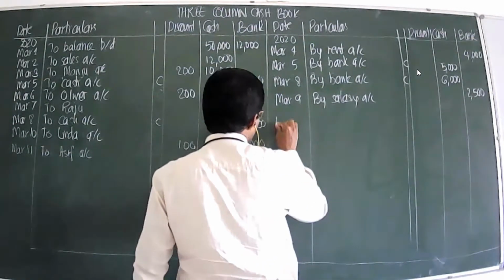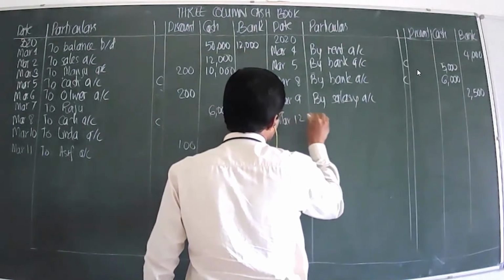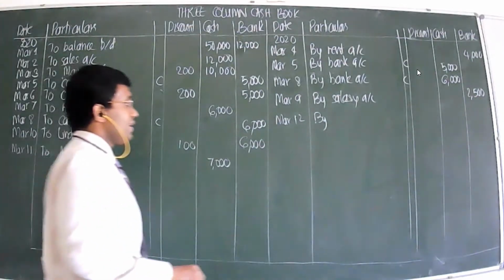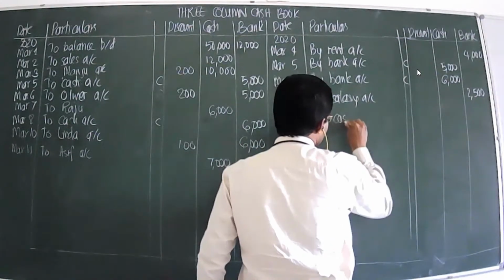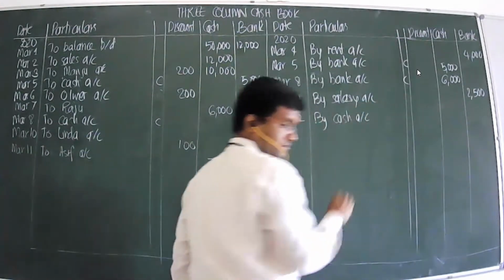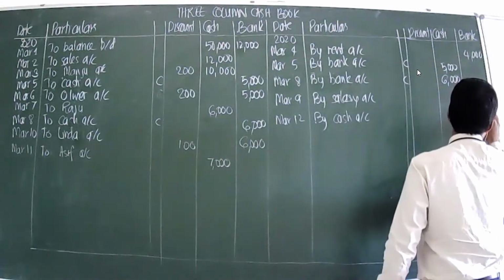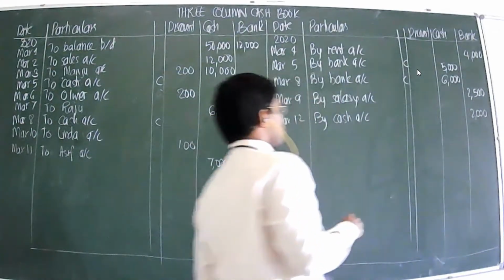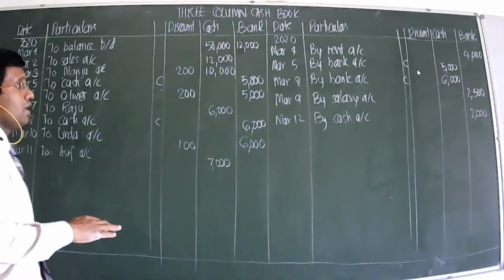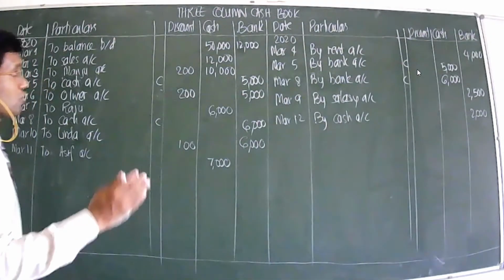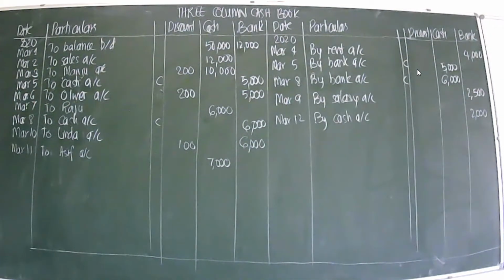So March 12th, by cash account, and the amount is rupees 2,000. Okay, by bank, and the amount is 2,000. So bank is giving the cash. That's why you are crediting bank.